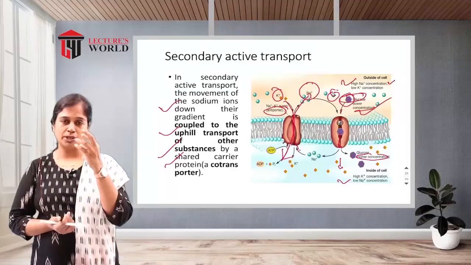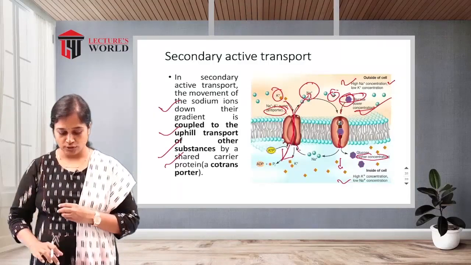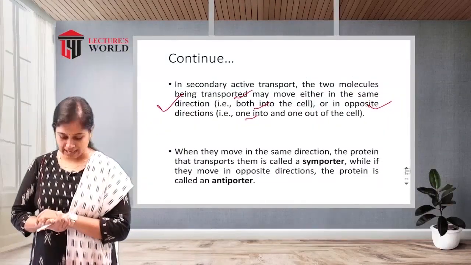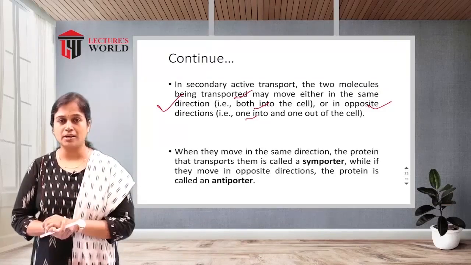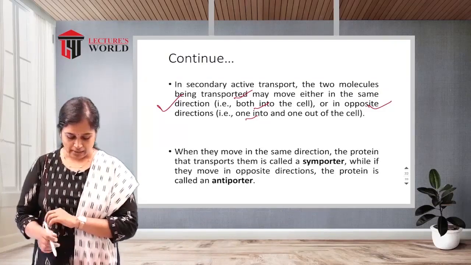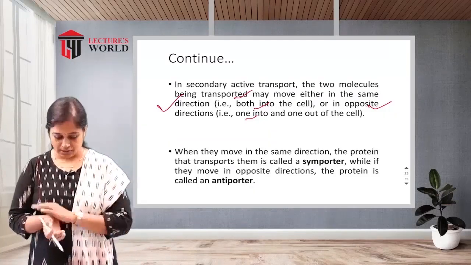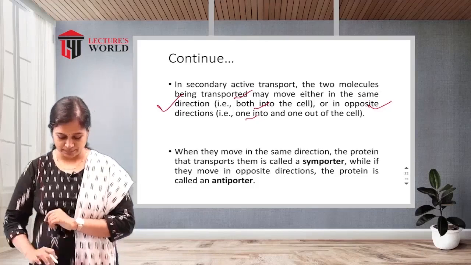That means one molecule comes inside, one molecule goes outside. When they move in the same direction, the protein that transports them is called a symporter, while if they move in opposite directions, the protein is called an antiporter.